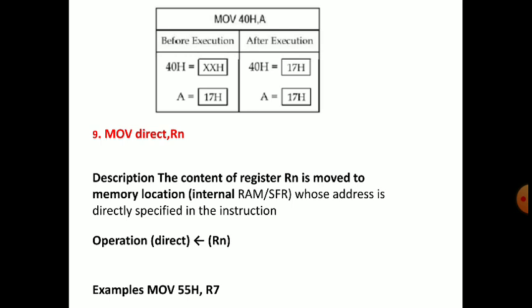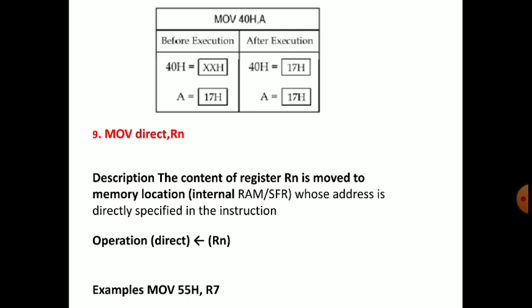Move space direct comma Rn, where we know Rn is the register, that is common register R0 to R7. We represent it as Rn, and the direct is the address given.